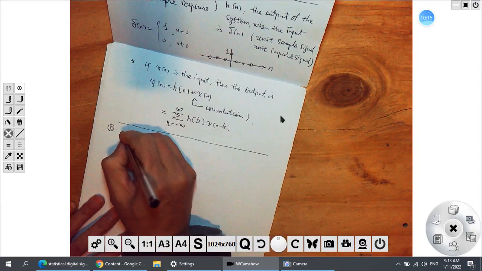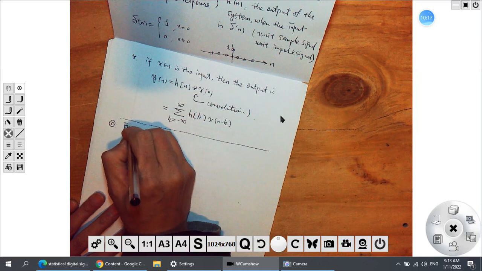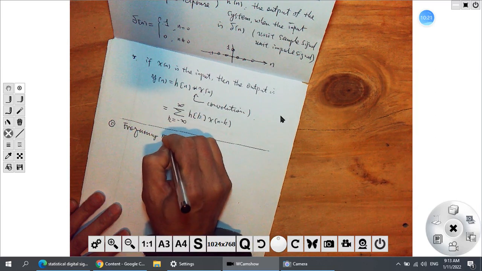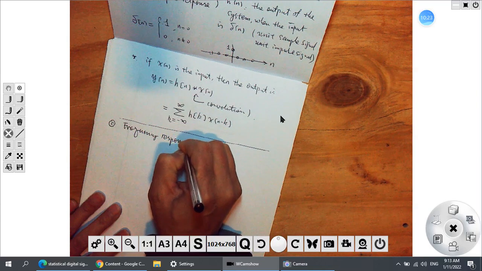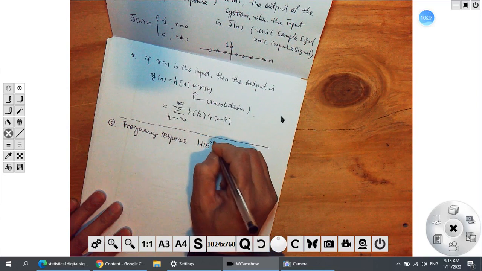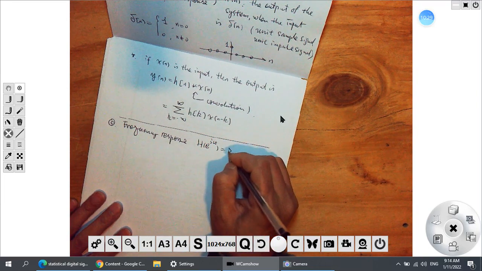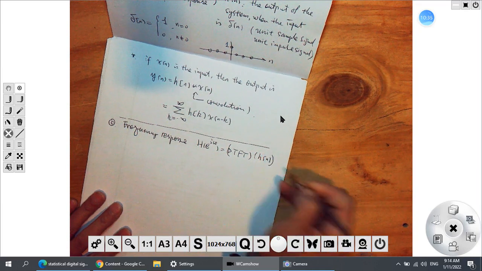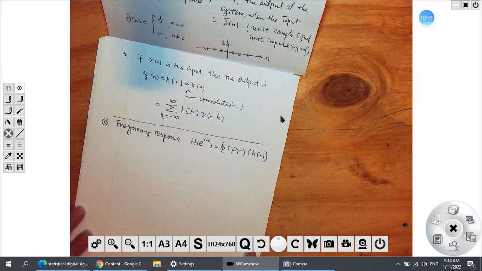It's the frequency response. The frequency response H of e to the j omega equals the DTFT of h of n. So this is the frequency response.